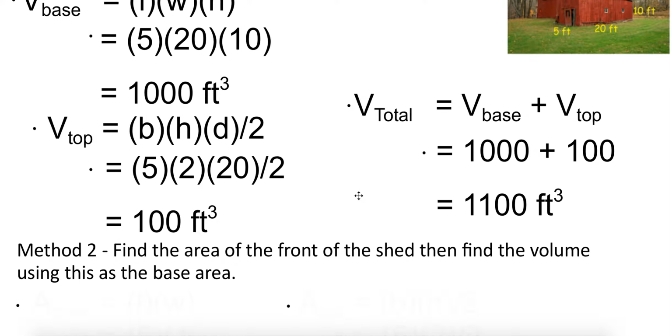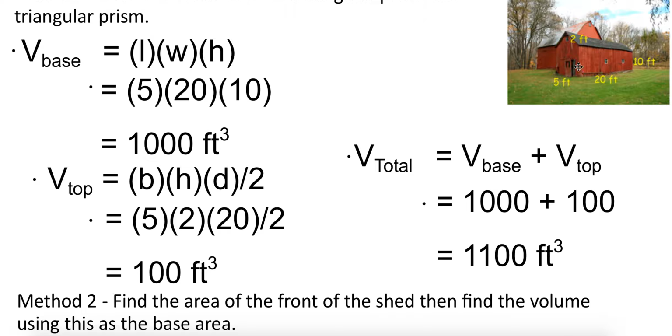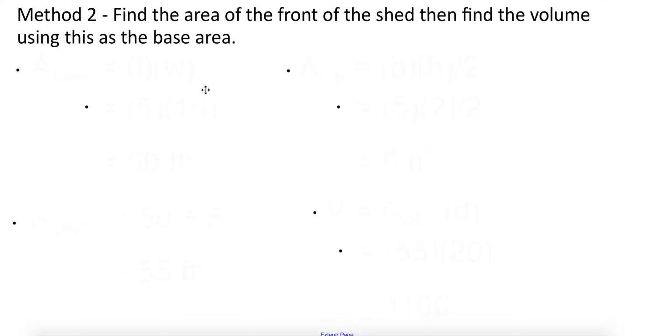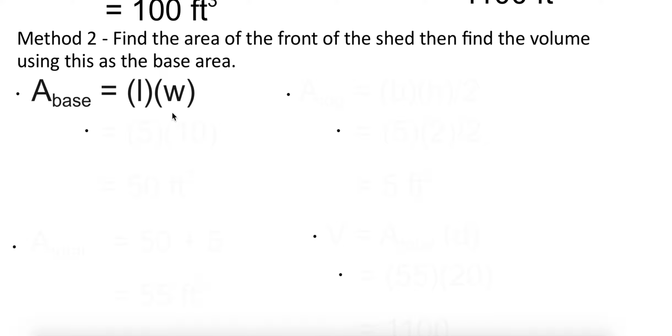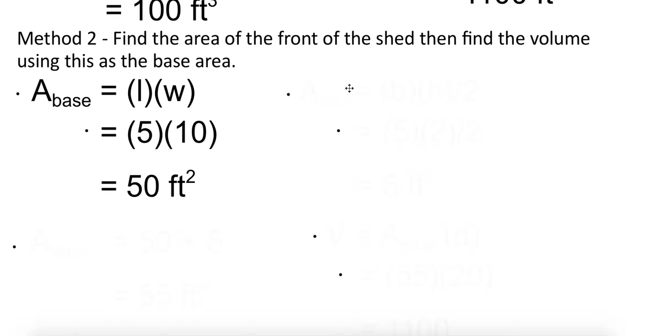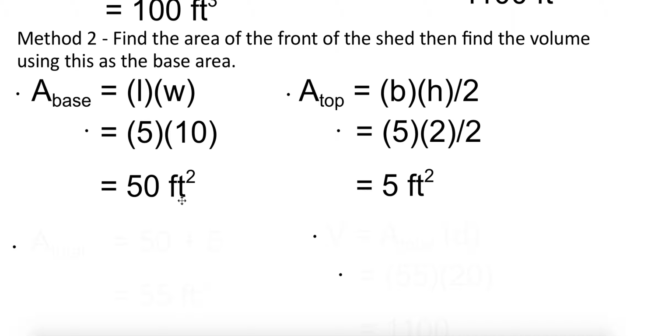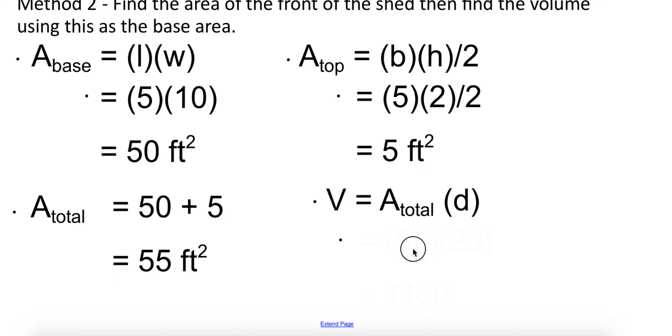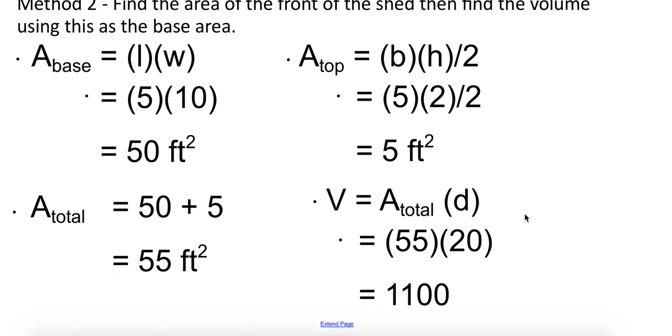Now there is another way to look at it. If we just found the area of this front piece, and sometimes that's easier and sometimes that's what you need to do, and then multiplied it by the depth, that will give you the same answer. So in this case, we're going to do the area of the base, which is 50, the area of the top, which is just 5, add them together, and then multiply by the depth, and we get the exact same answer.